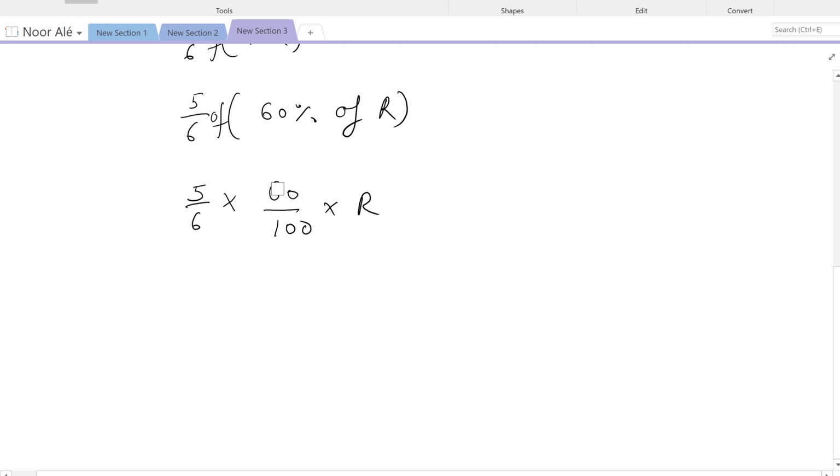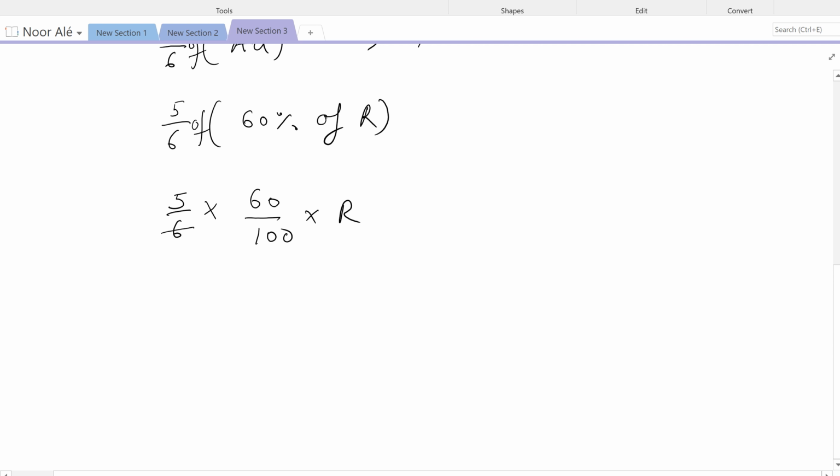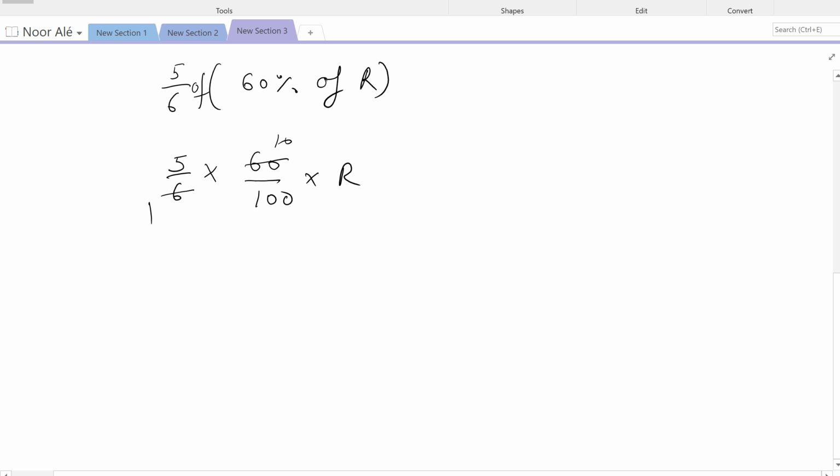Now we see there's a 6 at the bottom and the top, so the numerator and denominator cancel out by 6. The zeros we don't care about, because they just give you a decimal.